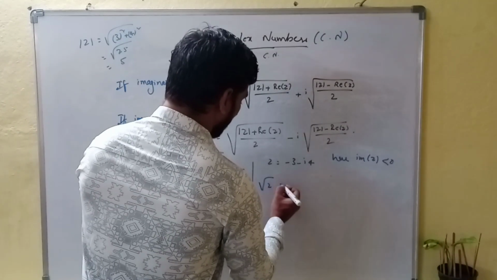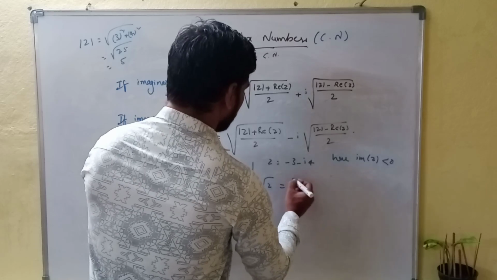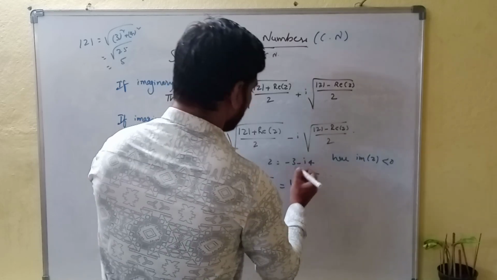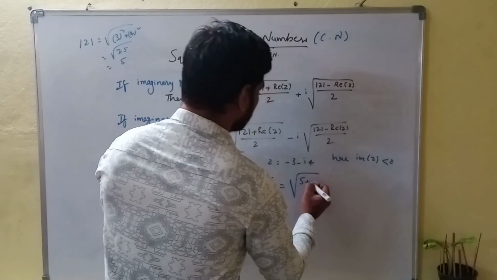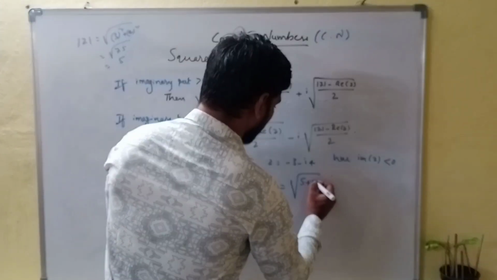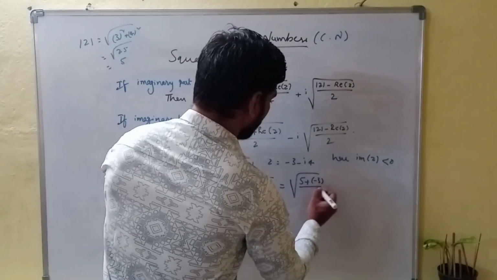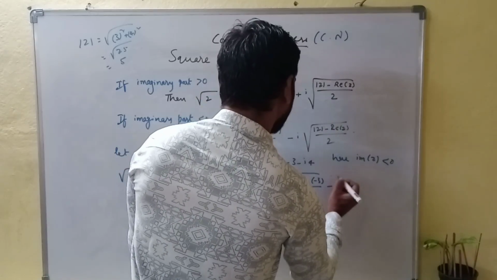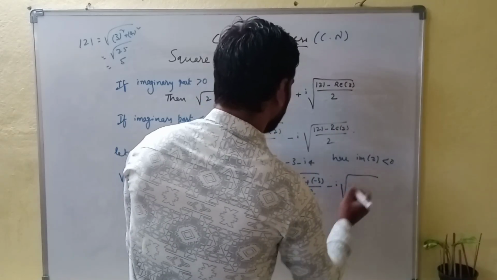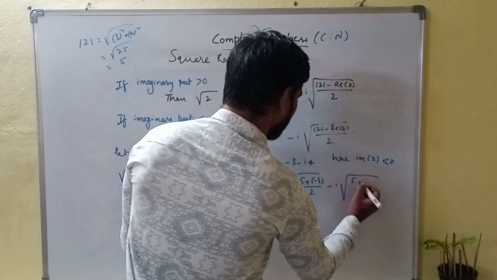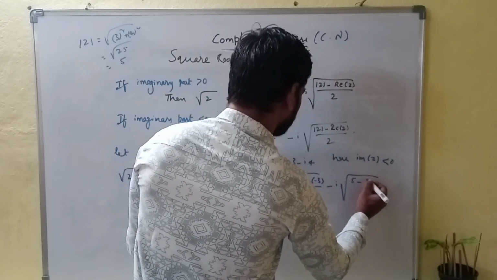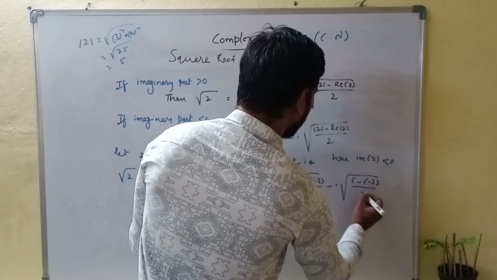Under root z will be under root, here mod z value is 5 plus real part is minus 3, by 2, minus i into under root 5, mod z value is 5 minus real part of z which is minus 3, by 2.